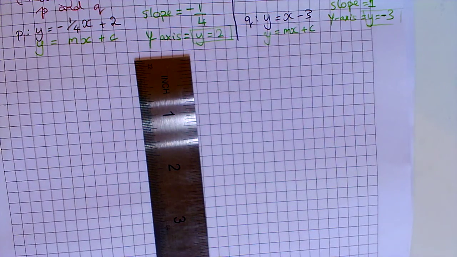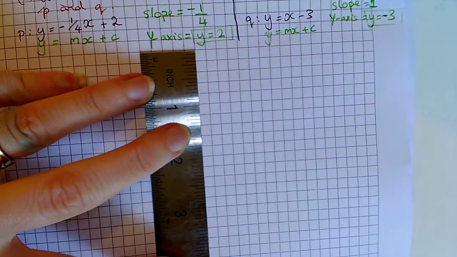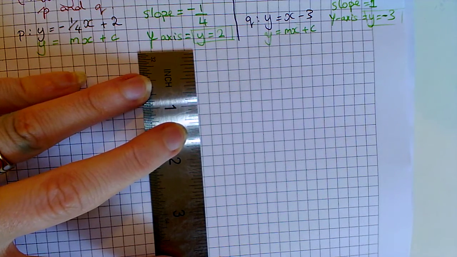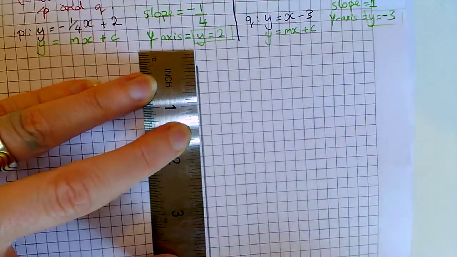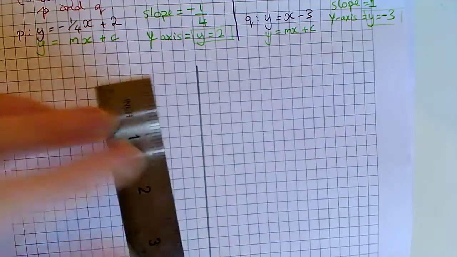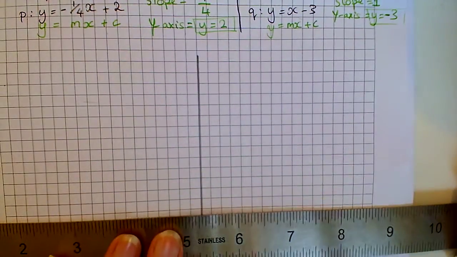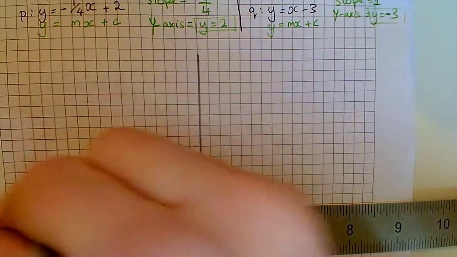So the first thing to do is to draw our axes, and then we'll mark in the y-intercept and the slopes, and then we'll draw in our lines. I'll draw my y-axis, and my x-axis going through the middle, taking up all the space that I have.